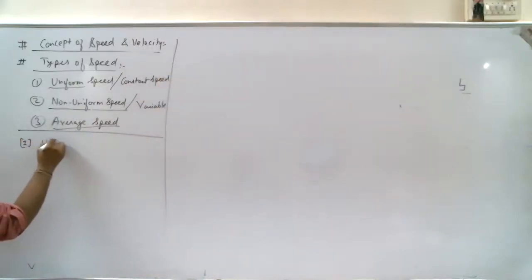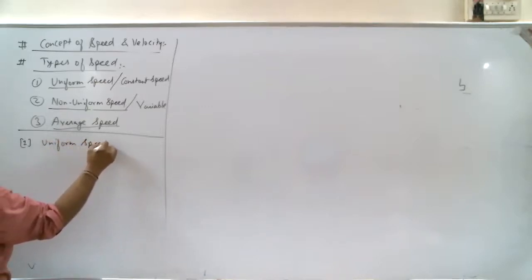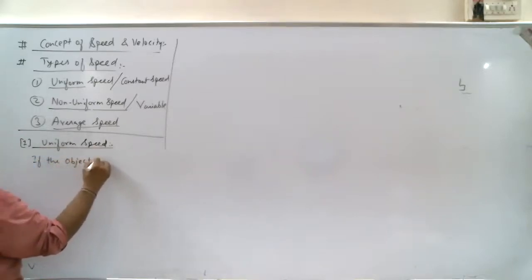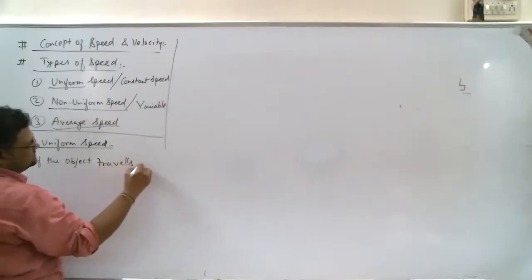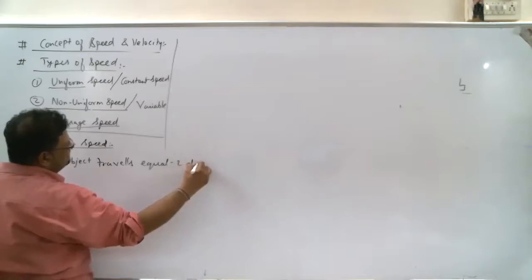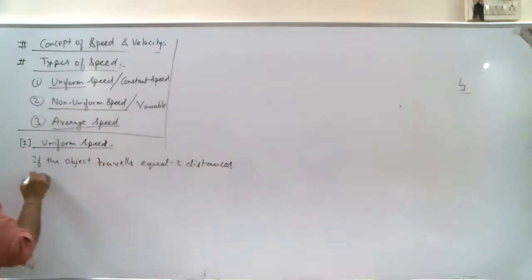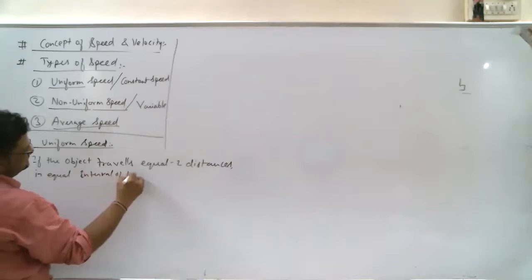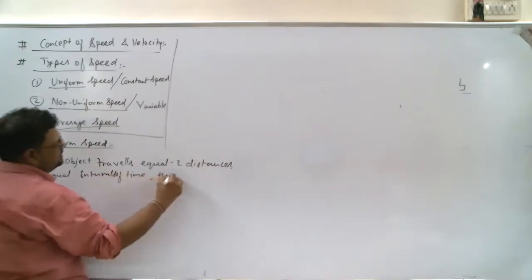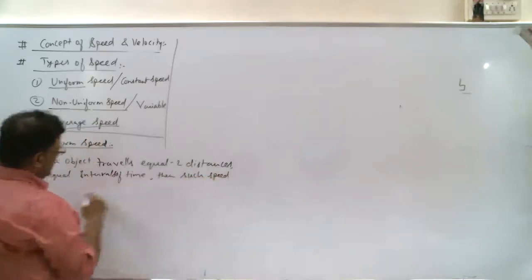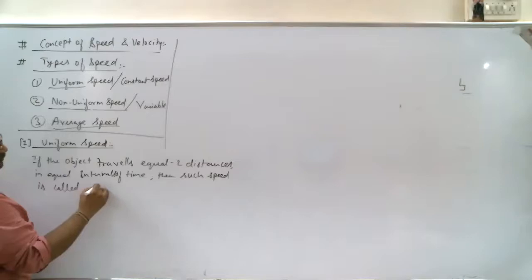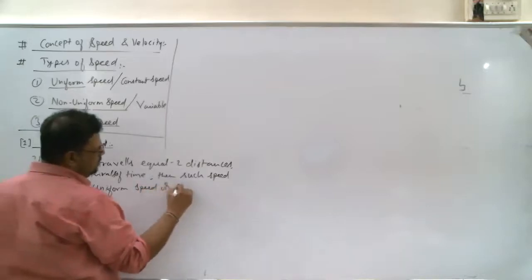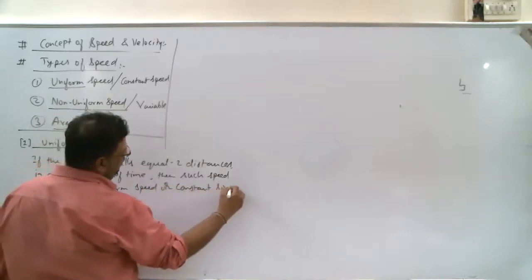So what do we understand by the term uniform speed? If the object travels equal distances in equal intervals of time, then such speed is called uniform speed, or constant speed, of that object.